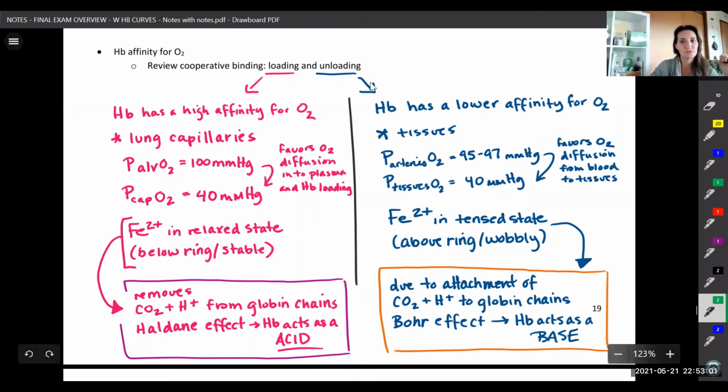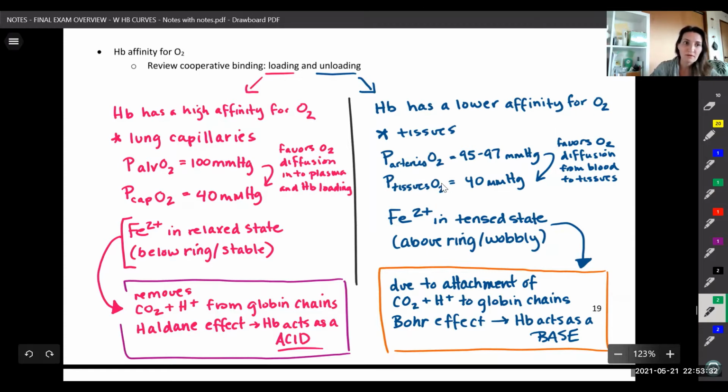Then at the tissues, the pressure differential that we see there is that in the arterial blood, the partial pressure of oxygen is around 95, 97 millimeters of mercury because of the oxygen that's loaded on the hemoglobin at this time. And more importantly here for the partial pressure, the amount of oxygen that's dissolved in the plasma is still high.